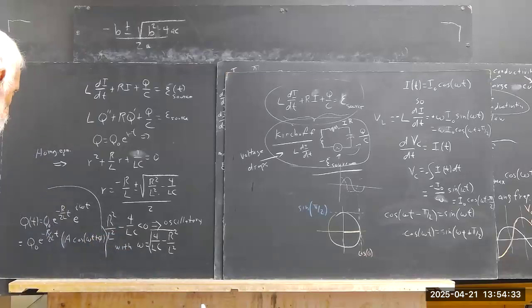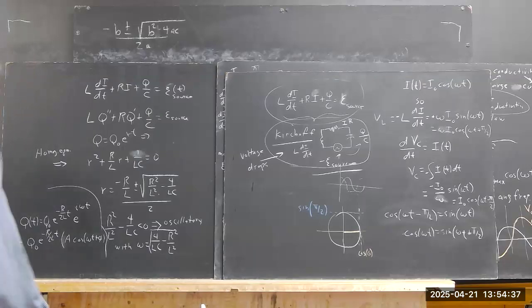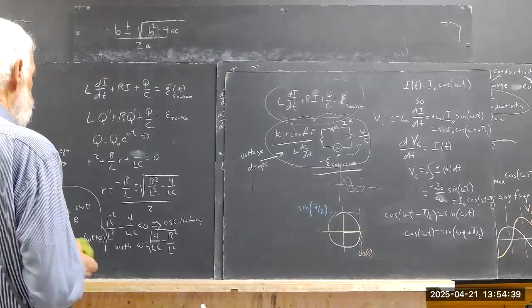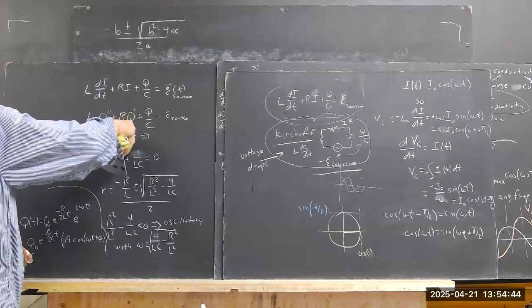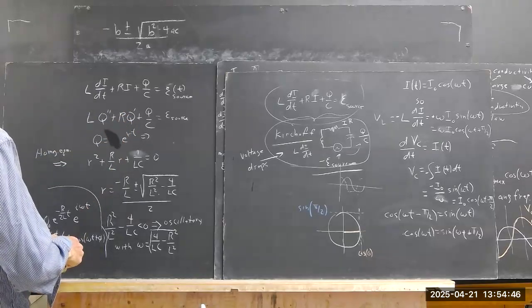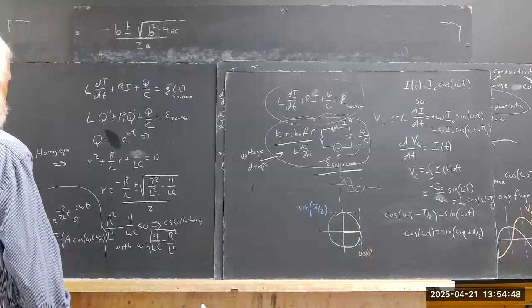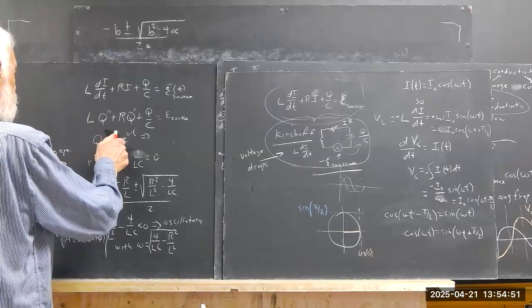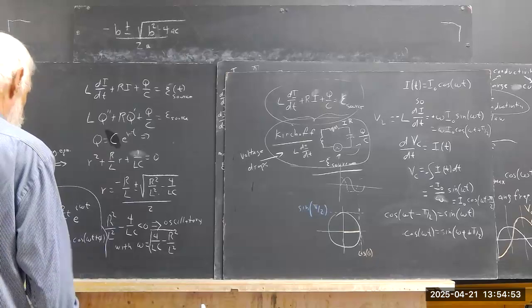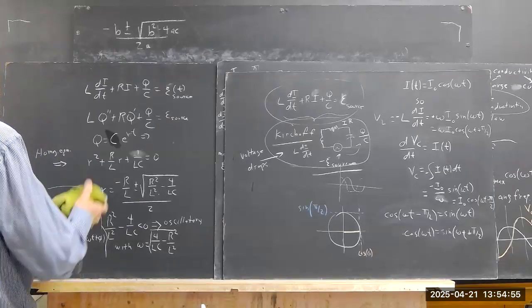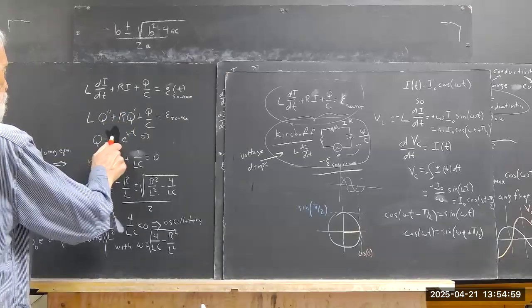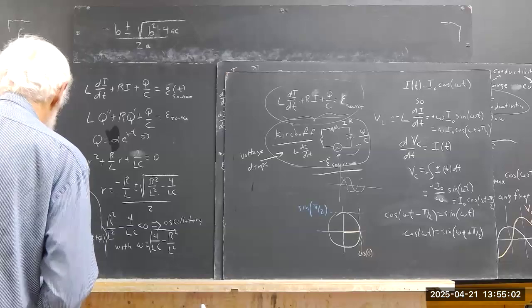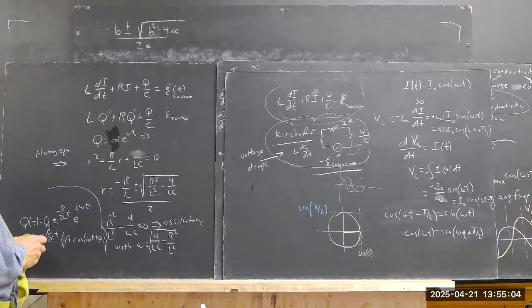This solution turns out, I don't want to use Q naught here. I'm going to use a capital C, but I can't use a capacitance. Alpha, because it's going to disappear.